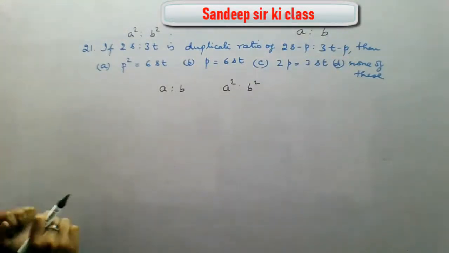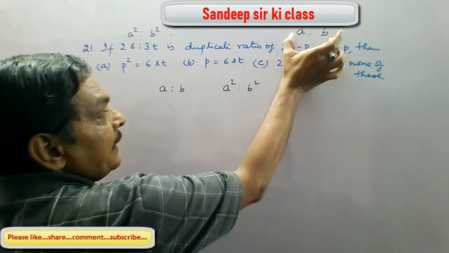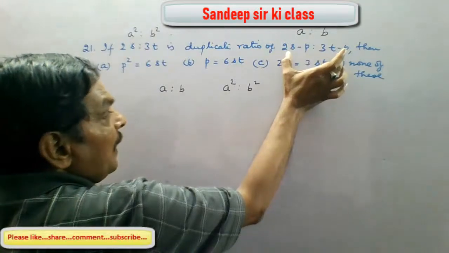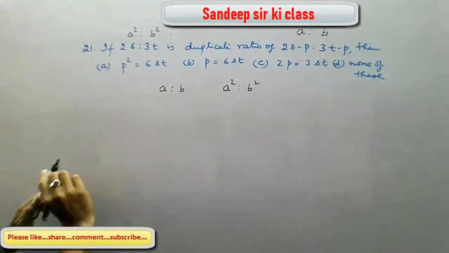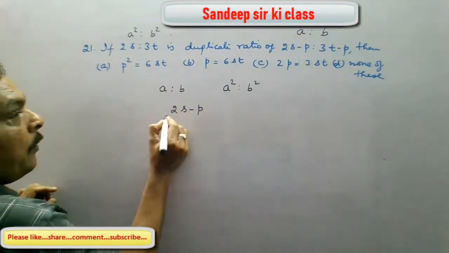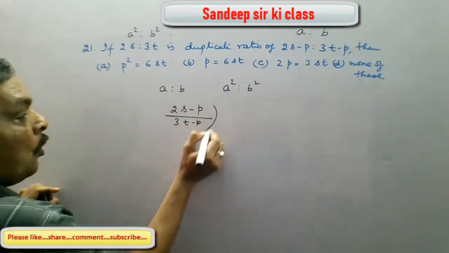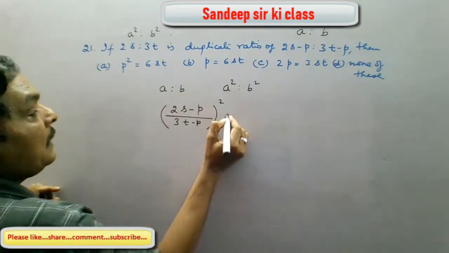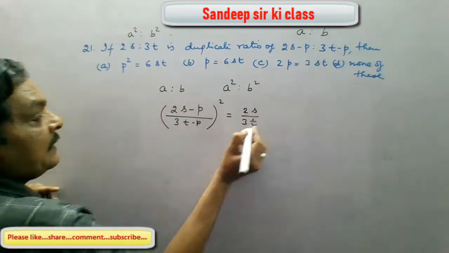Now with this, if I square it, because here a is to b is there, I will be getting this. Therefore (2s minus p upon 3t minus p) whole square will be equal to 2s upon 3t.